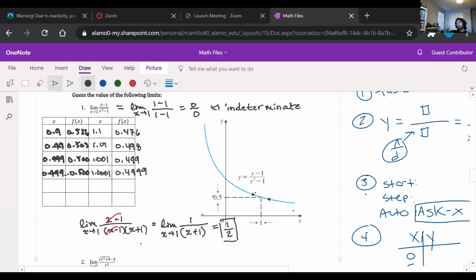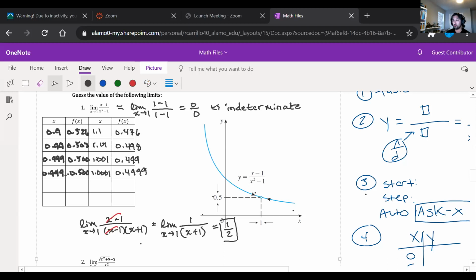So if you ever end up with an indeterminate form such as 0 over 0, this means that you have to go back and fix it. And when I say fix it, you fix it algebraically or you use your calculator. Again, today is all about using the calculator, but just know there are other ways to solve limits algebraically.